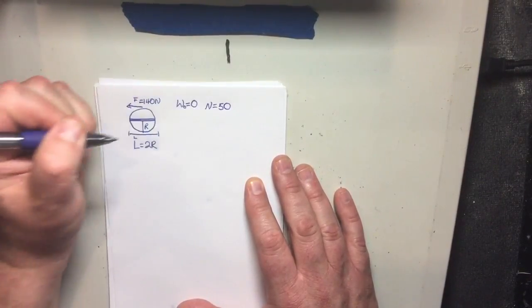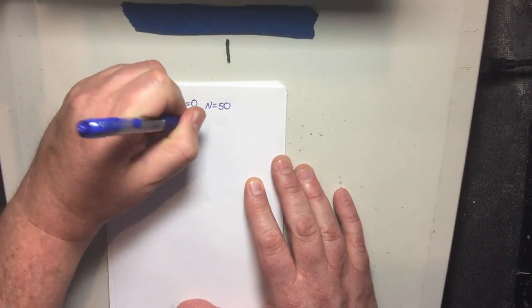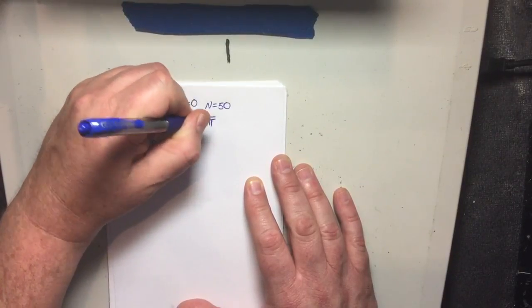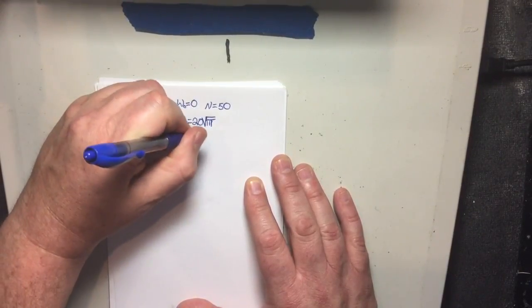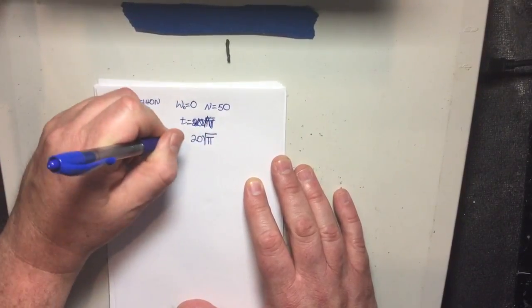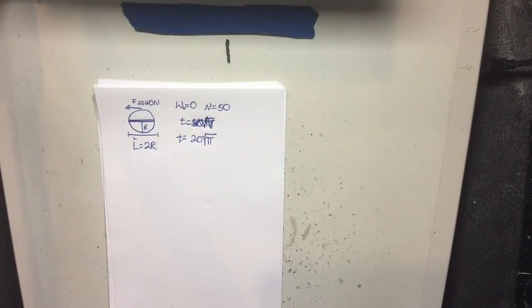It rotates 50 times in a time of 20 times the square root of pi. Which, in other words, I desperately needed a pi within this equation in order to get the numbers to cancel out.